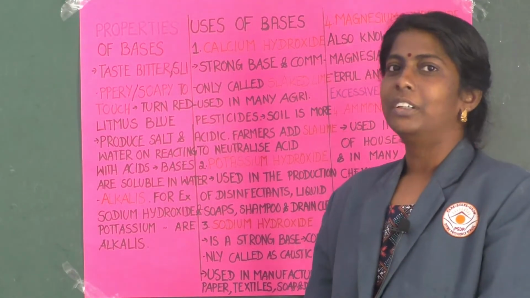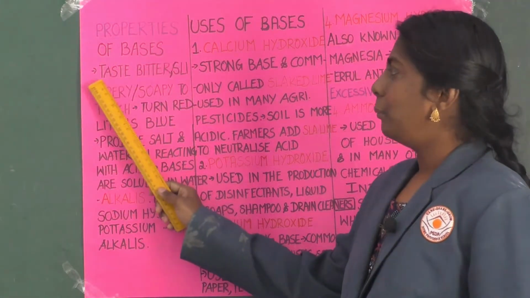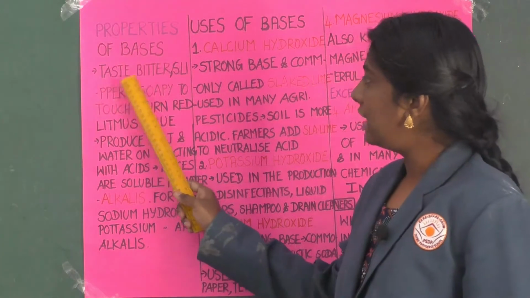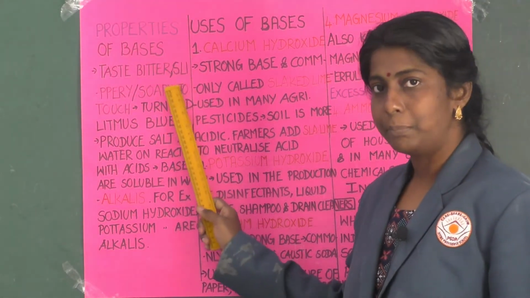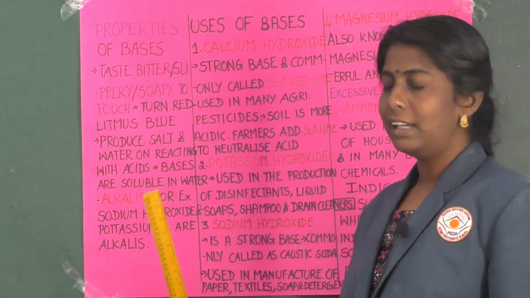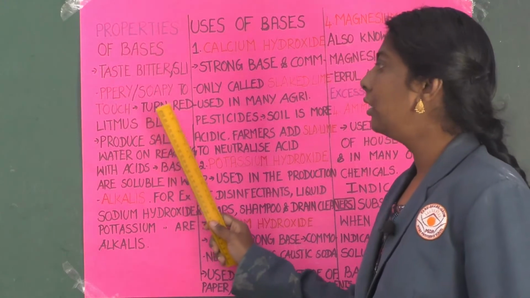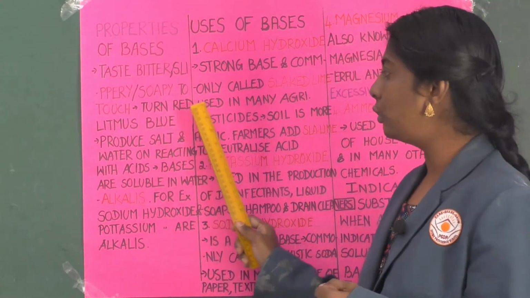Clear? Yes, children. Now about the properties of bases. Bases generally taste bitter, and are slippery or soapy to touch. Next, they turn red litmus to blue.